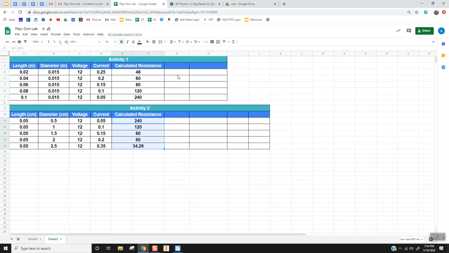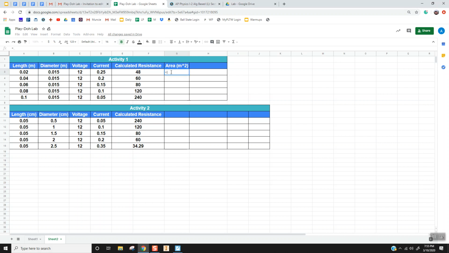Well, on that first graph, we wanted to have resistance times cross-sectional area. So this second one is actually going to be area, and this is going to be in meters squared. All right, so area of what? Well, we have our diameter here of our rod of Play-Doh.